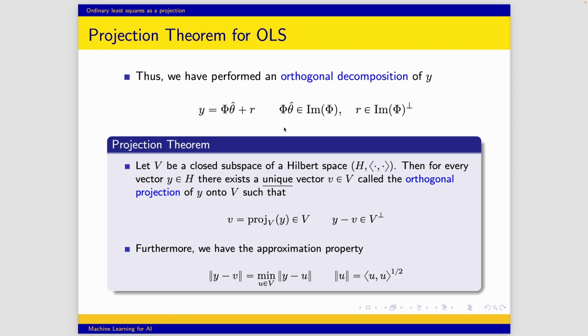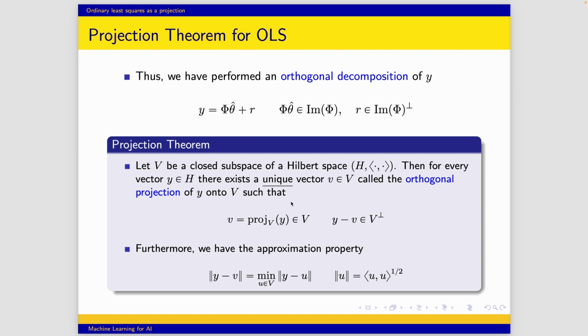And we have one other property, which is the key part of the projection theorem: this v that we have, this projection, is the best approximation of y in some sense. And what is that sense?